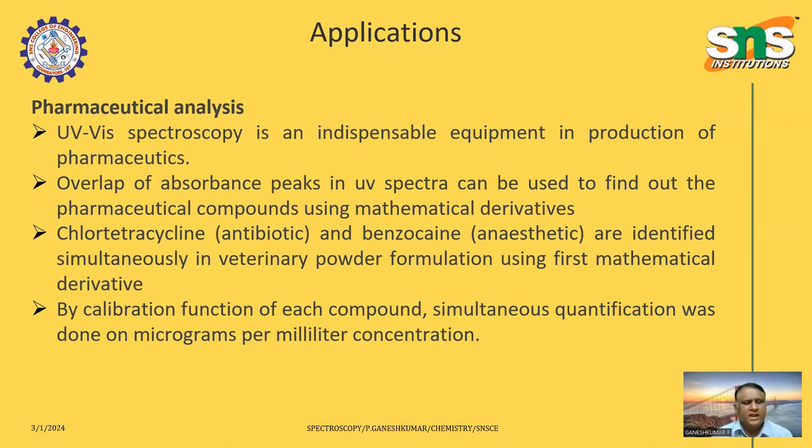For example, an antibiotic, chlortetracycline, and an anesthetic, benzocaine, are identified simultaneously in a veterinary powder formulation using the first mathematical derivative. By the calibration function of each compound, simultaneous quantification was done at micrograms per milliliter concentration.